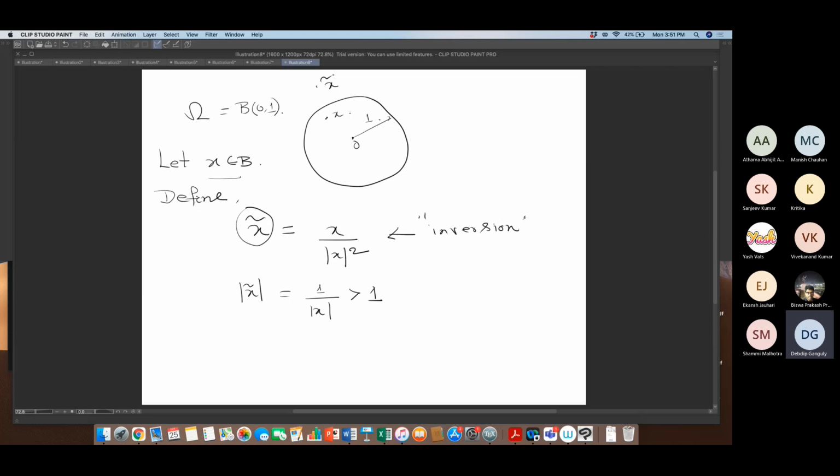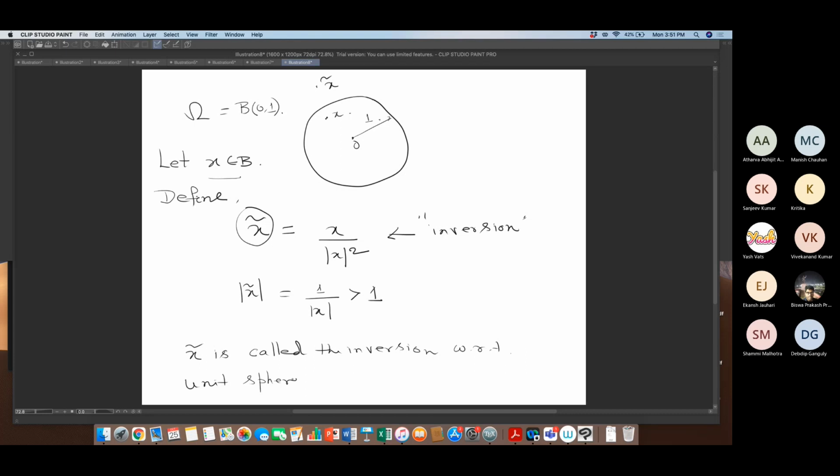Greater than 1, so you are out. So x tilde is an inversion, called the inversion with respect to the unit sphere.